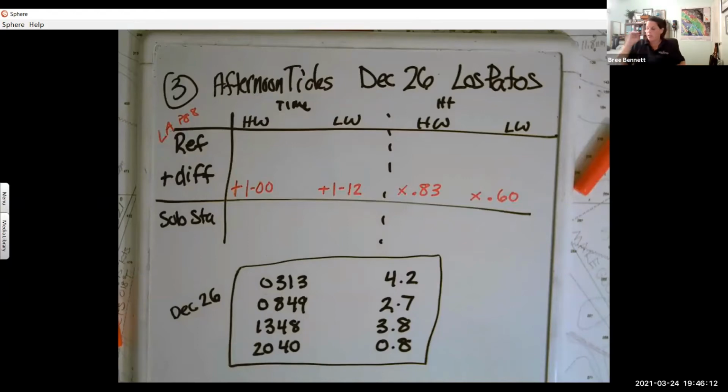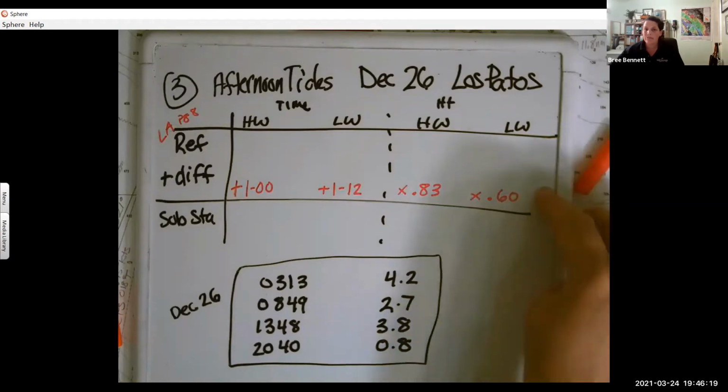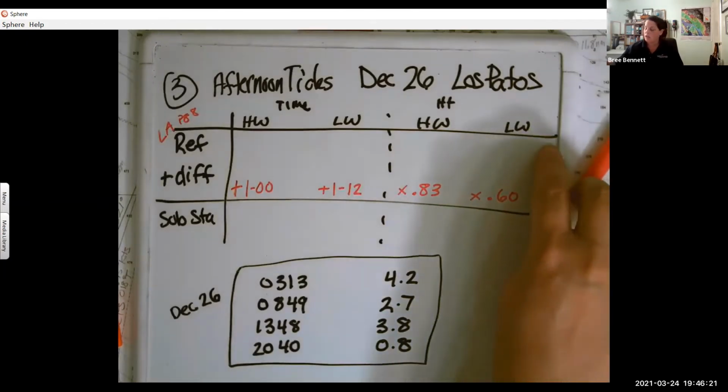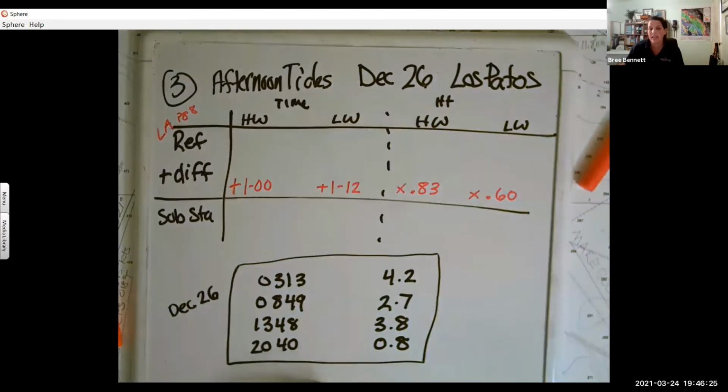Okay, so I wrote down my tidal differences from my table 2. And then I got my reference station for LA. So this is what I see for my reference station of LA on December 26th.